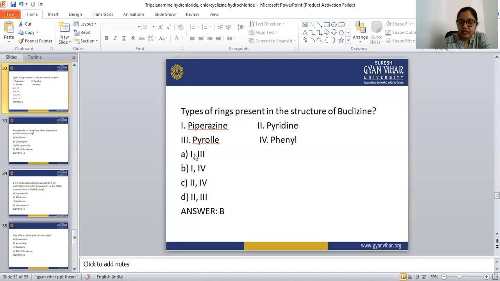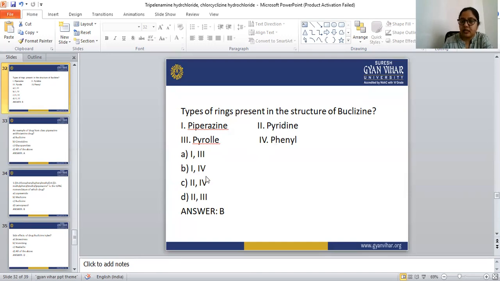Option A says piperazine and pyrrole ring. Option B says piperazine and phenyl ring. Option C says pyridine and phenyl ring. And option D says pyridine and pyrrole. In the buclizine structure, the piperazine ring and the phenyl ring are present.